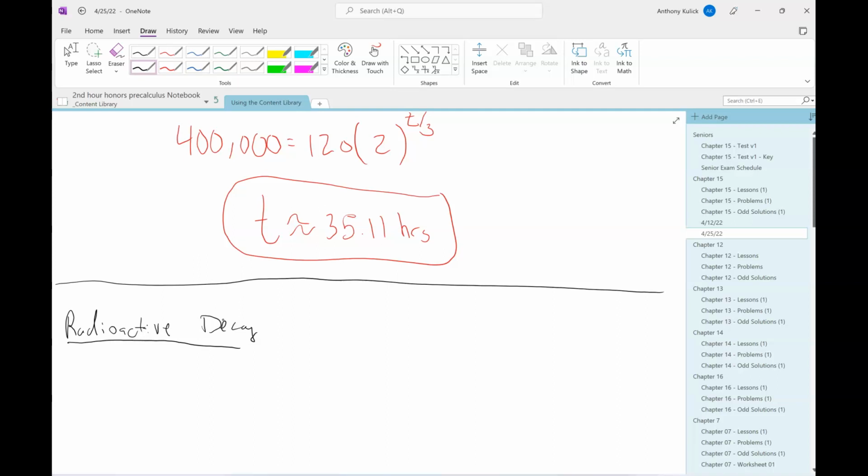All right. So the idea here is you have some specific element or even compound. Maybe I should be a little bit more vague. Over time, that compound is going to lose subatomic particles and turn into a different substance, right?